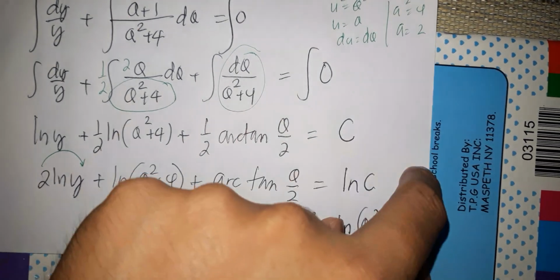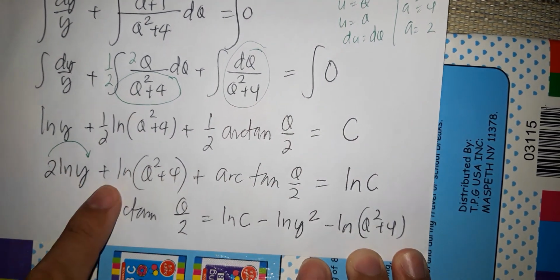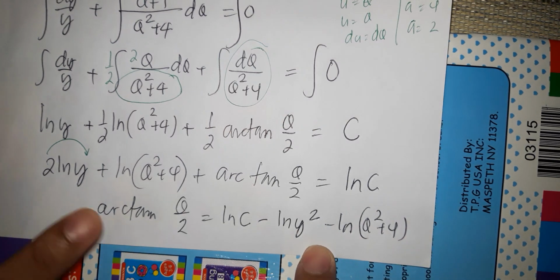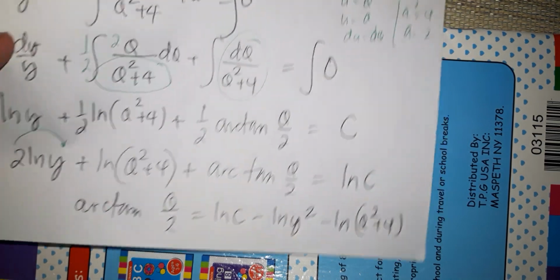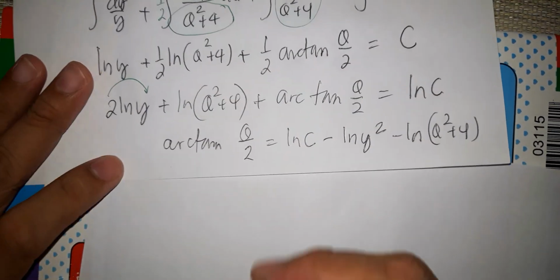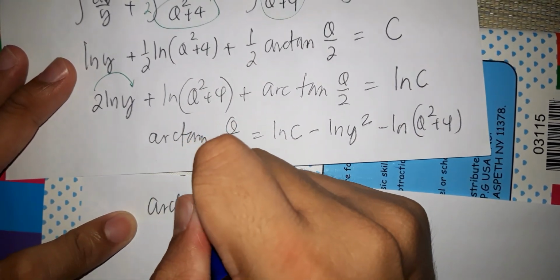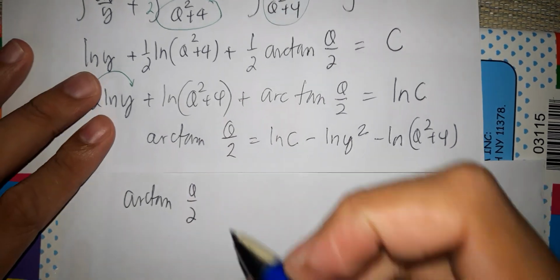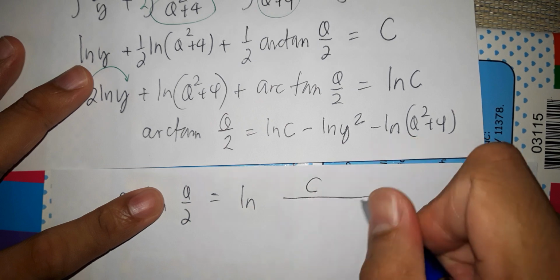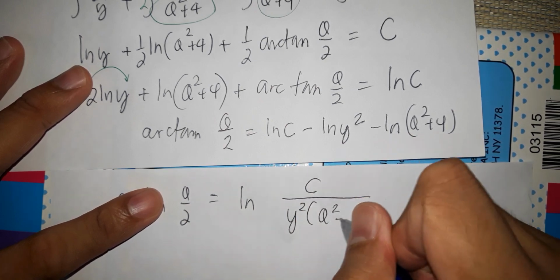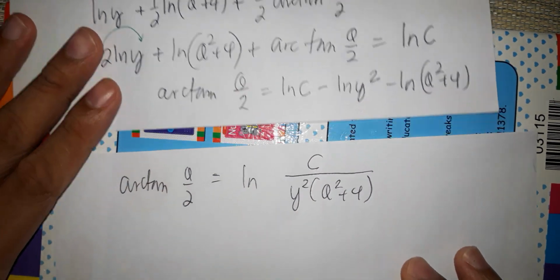Transpose natin siya sa kaliwa, kaya naging minus ln y squared. Transpose mo para maging ln, so para makombine natin siya with ln of c. So combining, magiging arctangent q over 2 is equal to ln of c over y squared times q squared plus 4.